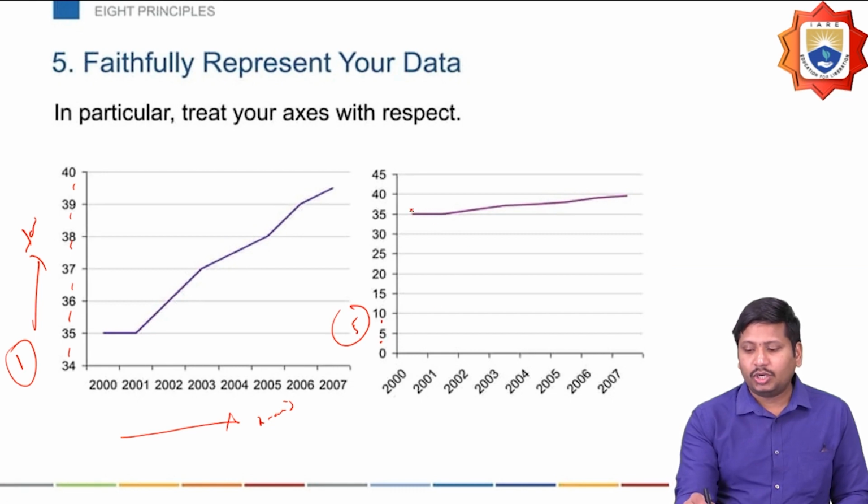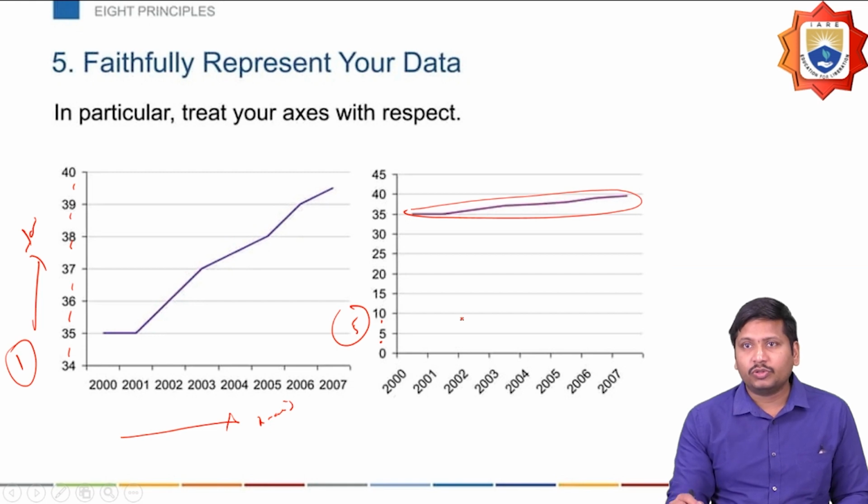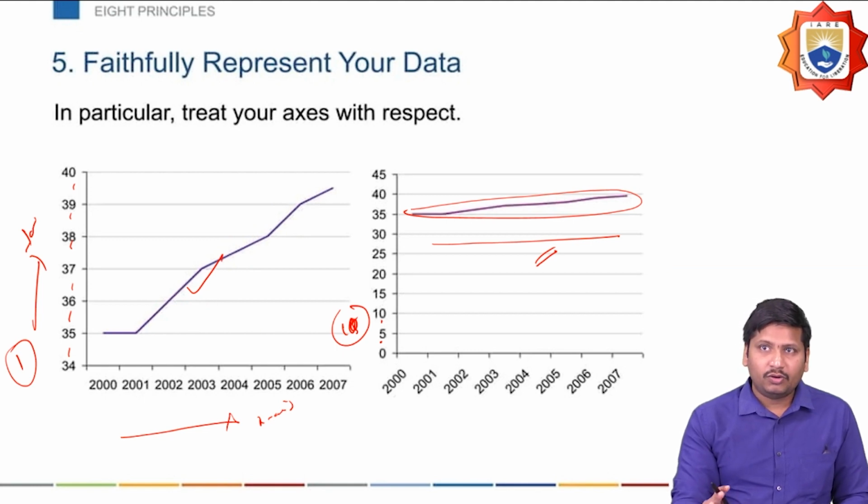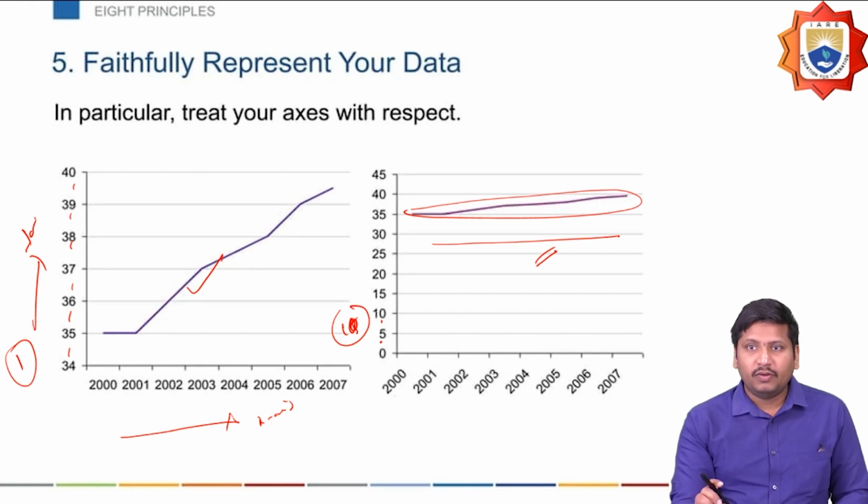It almost looks like a straight line. Suppose I increase this difference to 10, then it almost looks like a straight line. Instead of representing it this way, there is a better way of representing it. So that is how to faithfully represent the data. That means the treatment of the axis with respect to data is also to be considered.